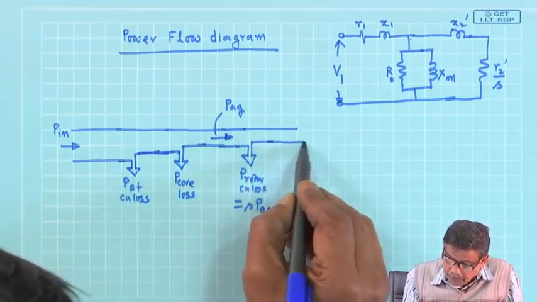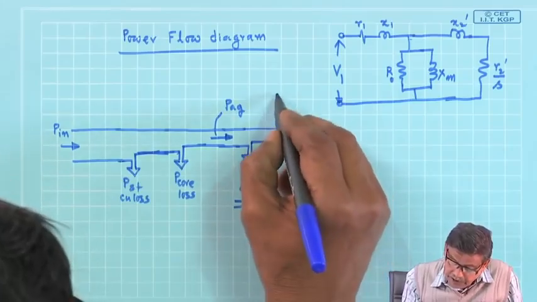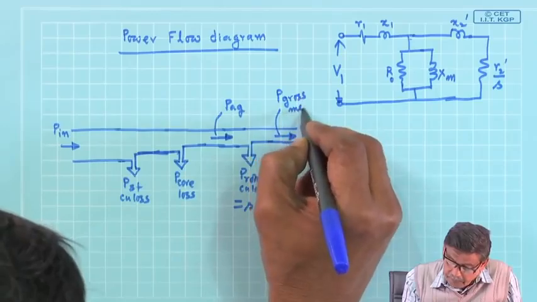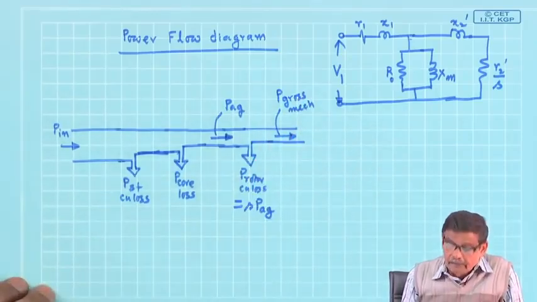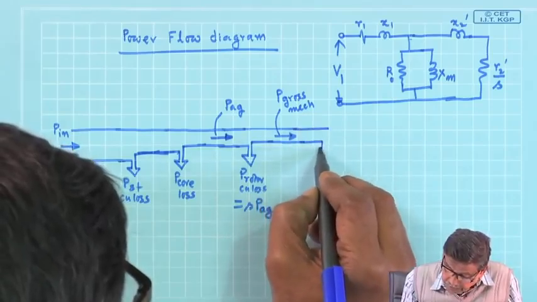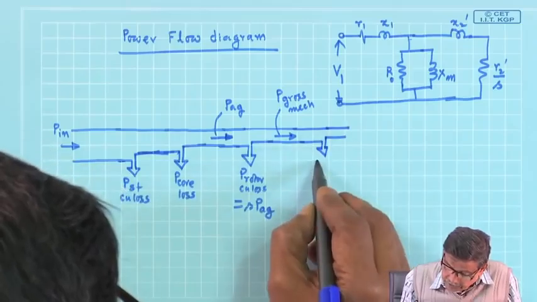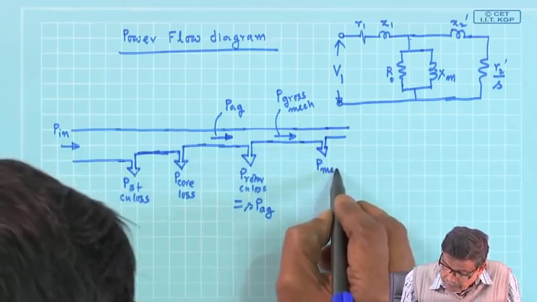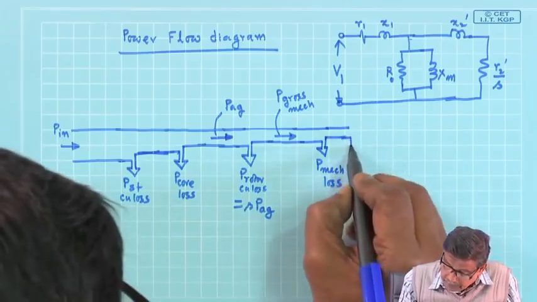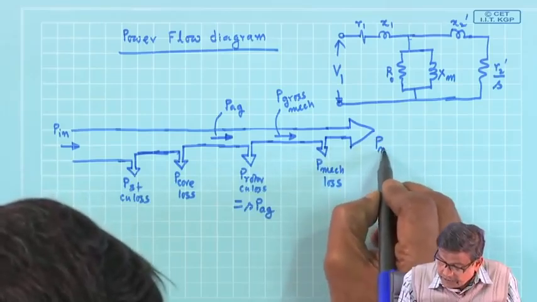Then whatever power you get, this power should be called P gross mechanical. Then after this, if you subtract a small mechanical loss, then whatever power you get is the P net mechanical.